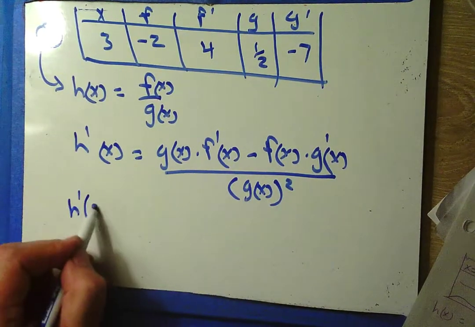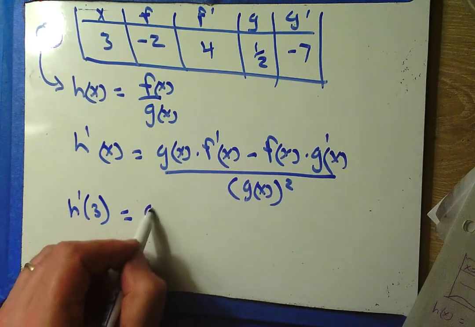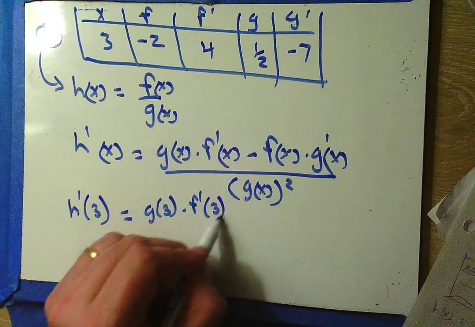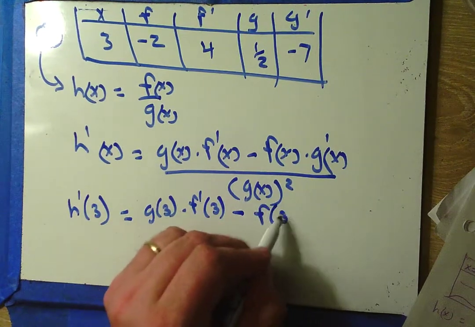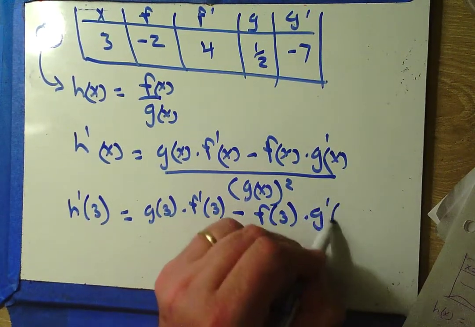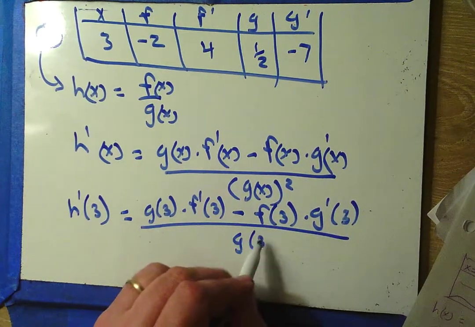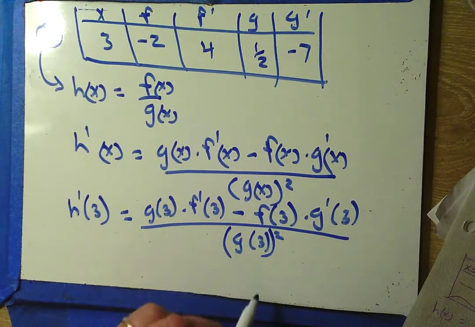And since we want h prime of 3, that's going to be g of 3 times f prime of 3 minus f of 3 times g prime of 3, all over g of 3 squared.